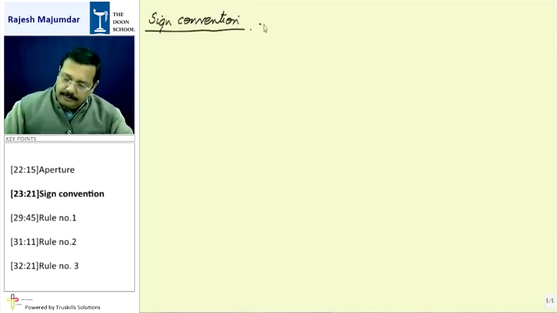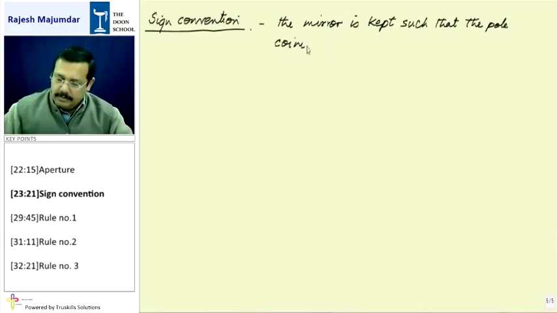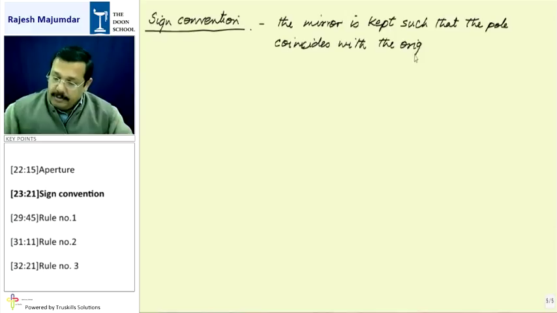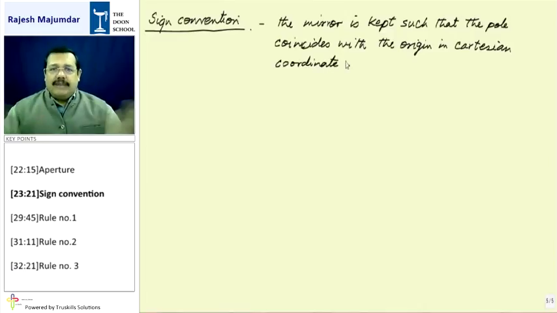the mirror is kept such that the pole coincides with the origin in Cartesian coordinate. Cartesian coordinate is nothing but the XY system.